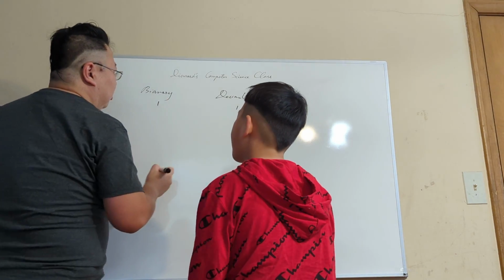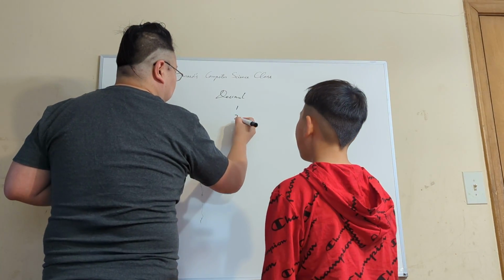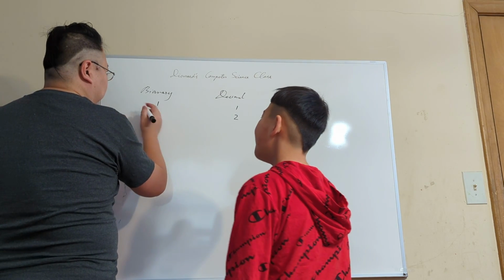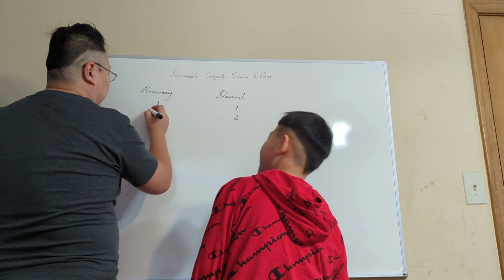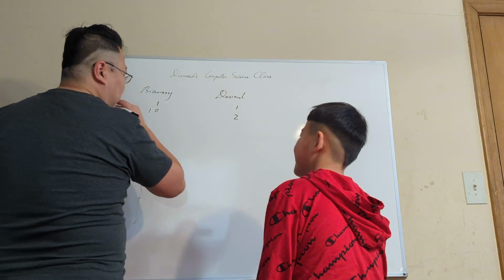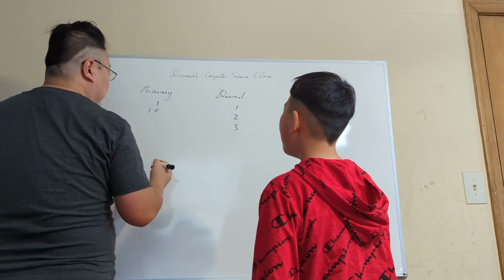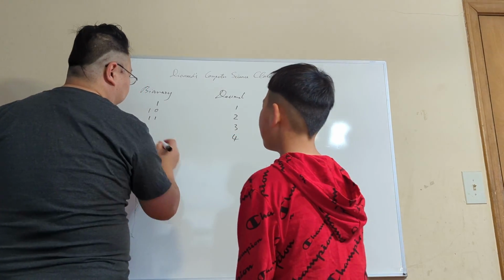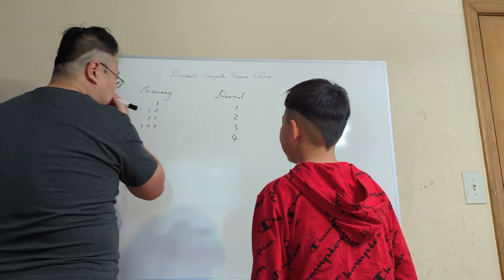What is decimal 2? I learned that before, so you put 1 0. 1, 0, okay, cool. What is 3? 1 1. Good. What is 4? 1 0 0. 1, 0, 0, okay, yes.